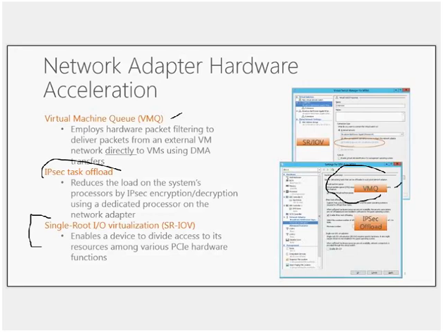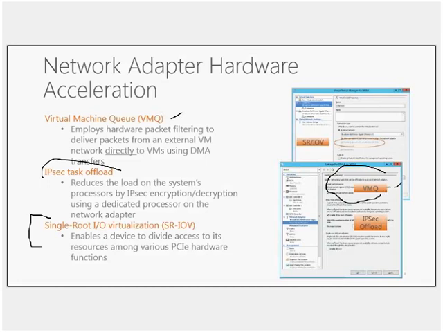What's nice is if you're running VMs and using a dedicated processor on the network adapter card for IPsec encryption and decryption, making those VMs run together above that on the virtual switch in the hypervisor runs much quicker if you have the hardware to support it, so you don't have calls constantly.